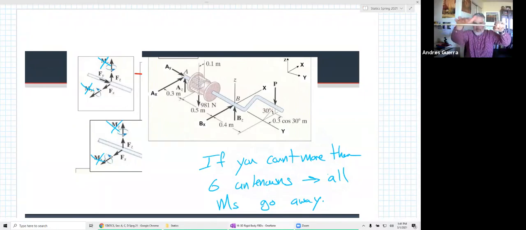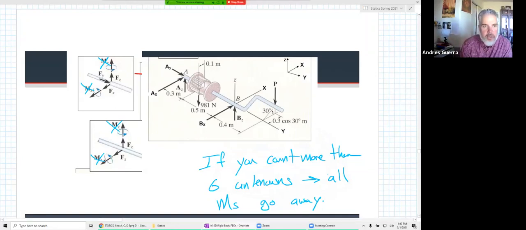If I have a moment resistance, that system would be stable. But now as soon as I apply another support over here, I don't need to have a moment reaction anymore at point A. So this B, if we think about this, right, there was originally an MX over here.